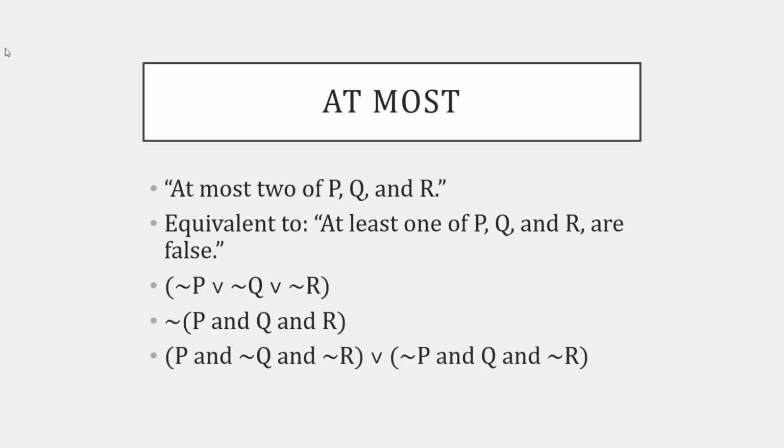And don't do the thing on the bottom line. It was helpfully pointed out to me that the thing on the bottom line doesn't work. Thank you. Why? What case does it fail to include the possibility of? If I want to say at most two of P, Q, and R are true, the thing on the bottom line doesn't work because it says either P is true and Q and R are false, or P and R are false and Q is true.